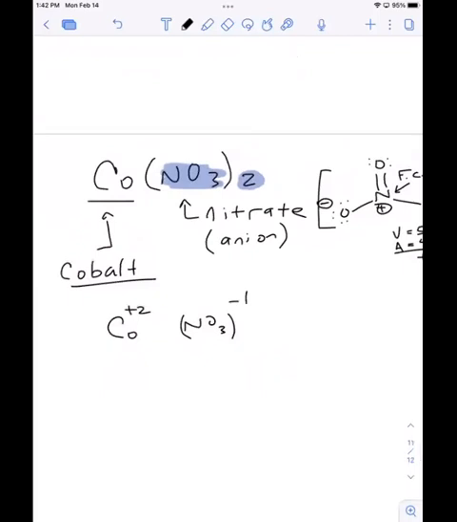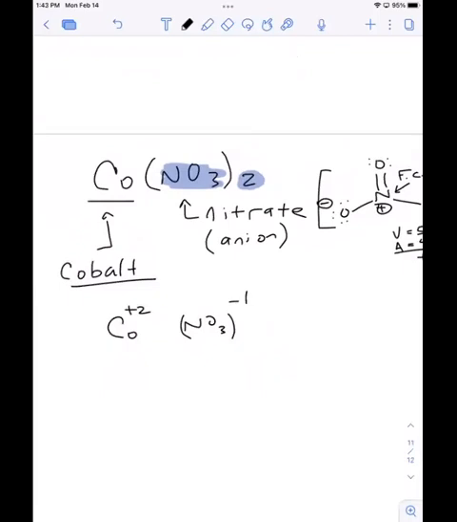Do you see why the subscripts are important? Because the nitrate is -1, cobalt is +2. So you need 2 of those nitrates to cancel out the +2 charge on cobalt. That's why it's like that. If cobalt has a +2 charge, you need 2 things with a -1 charge to cancel it and make the whole compound neutral.